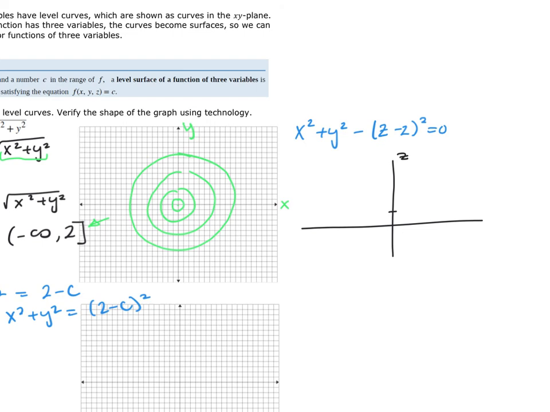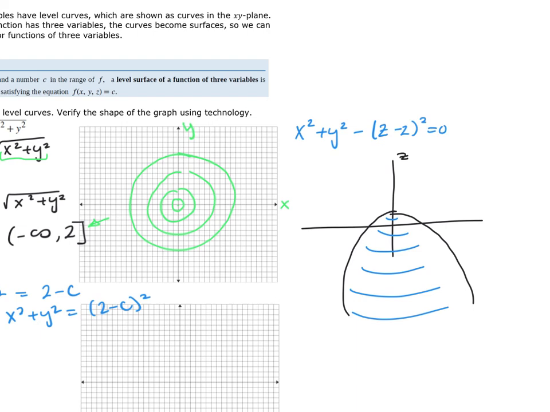Because that's the biggest I get is positive 2. And then I'm going to have these circles, right? So these radiuses are going to expand out like this, each of my circles running parallel to or on top of the xy plane. So I end up with this shape here.